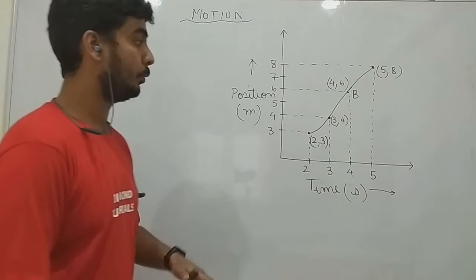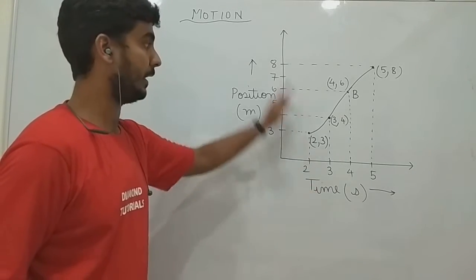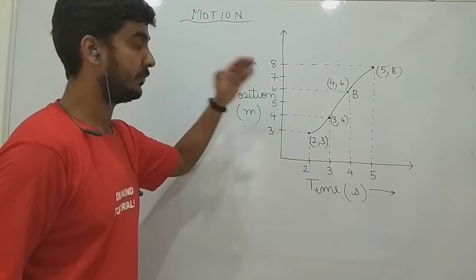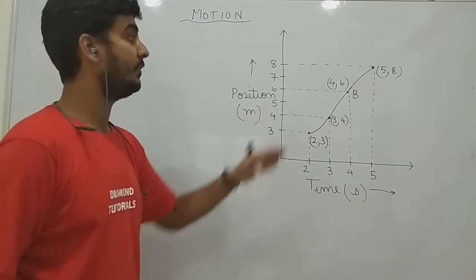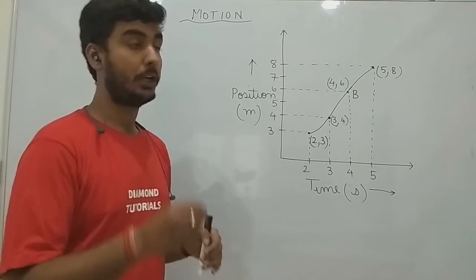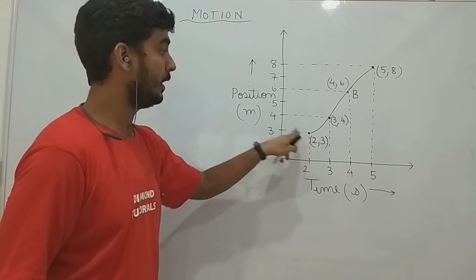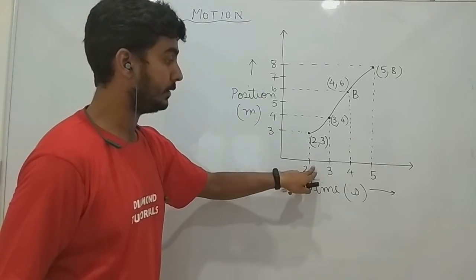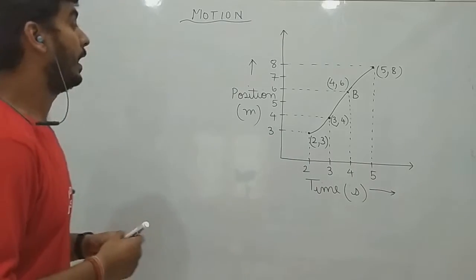In a position time graph, time is plotted on the x-axis and the position of the object from the reference or starting point is taken on the y-axis, and we get various coordinates. At various instants of time t, we get the various positions. The x coordinate represents time and the y coordinate represents position.